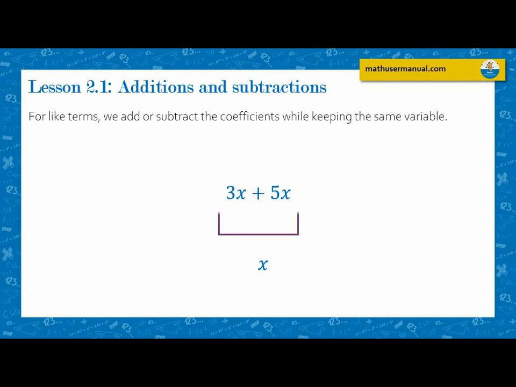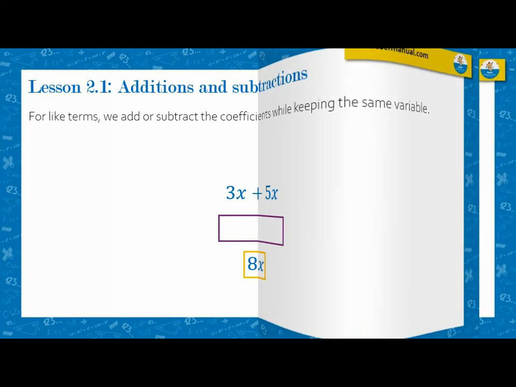And then the coefficients, which in this case are 3 and positive 5, we add them together. 3 plus 5 is 8. And this is how we do addition with variables. So we keep the same variable as long as they are like terms. We keep the same variable and we add or subtract the coefficients.